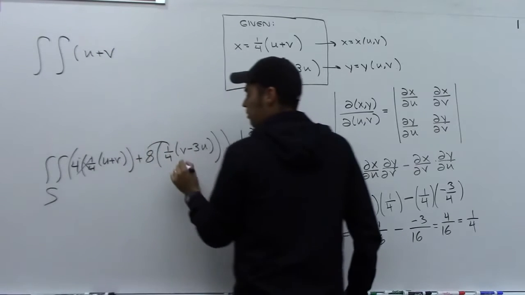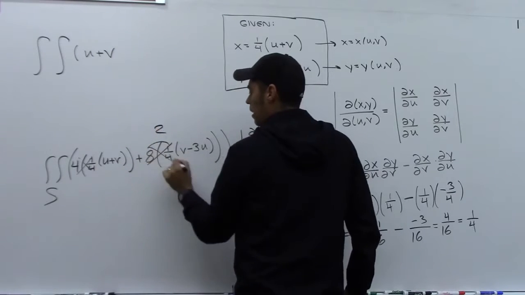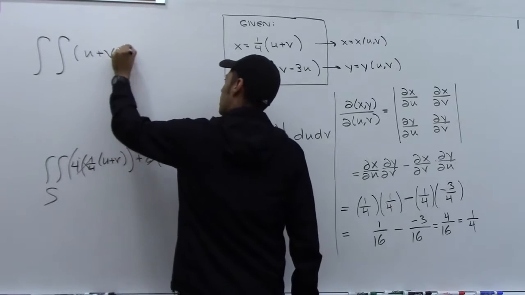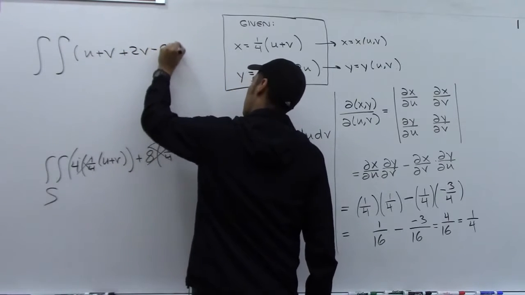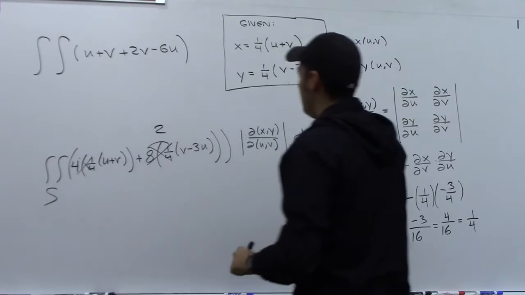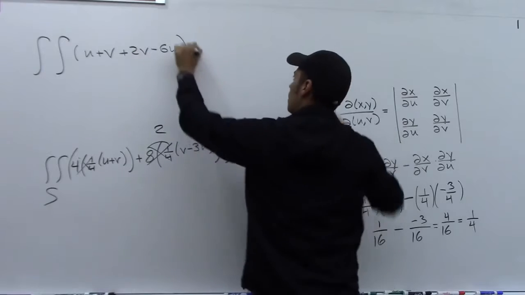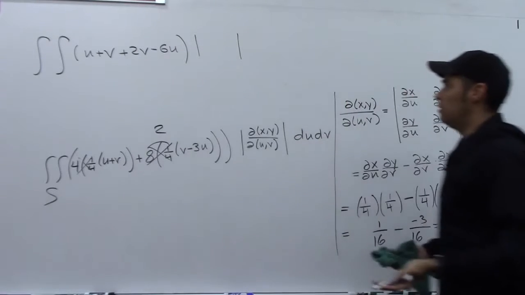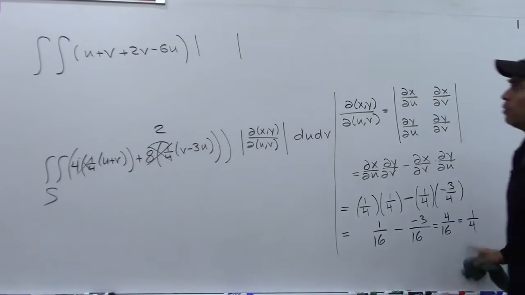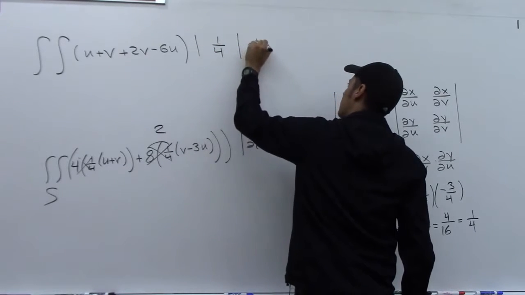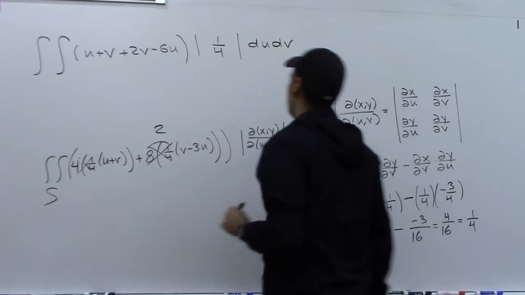And then multiply that through to here, that's a 2. Then pass that through, you get 2v minus 6u plus 2v minus 6u. And then I need the absolute value of the Jacobian, and this is the Jacobian, 1/4. And then your du dv or dv du doesn't matter. I'll do du dv.